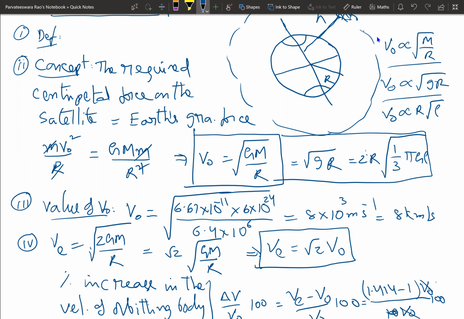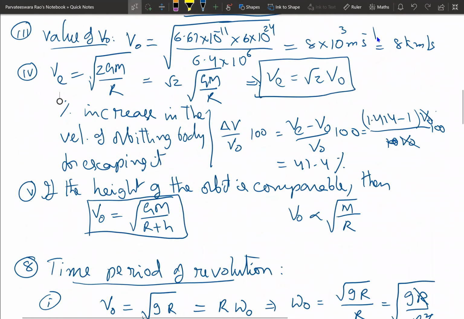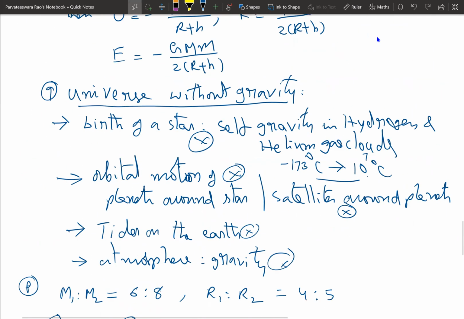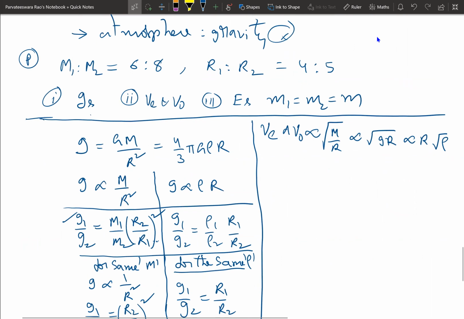So I can now write, VE or V naught varies directly as root of M by R, varies directly as root GR, varies directly as R root rho.